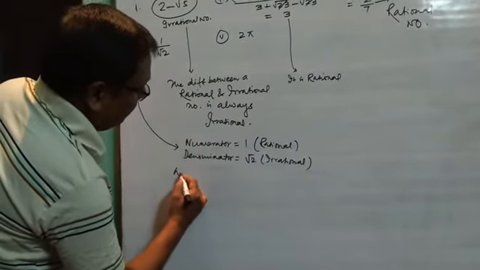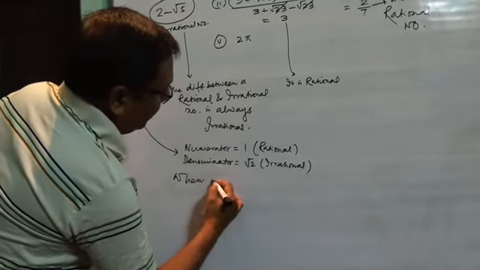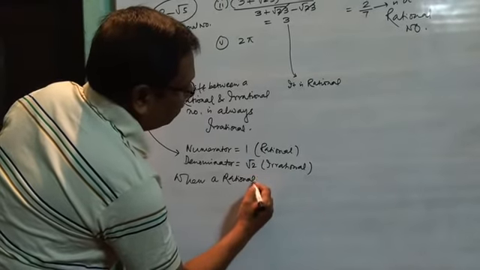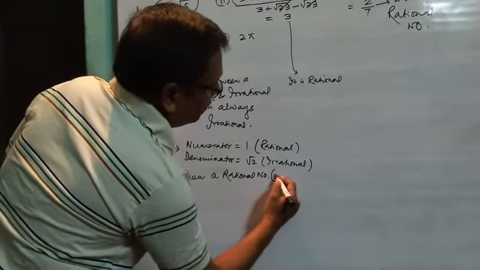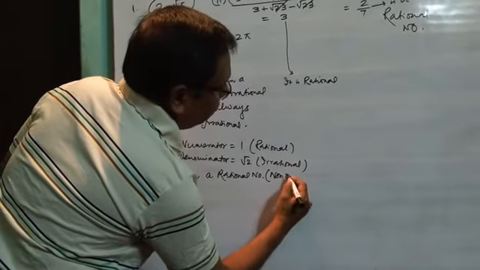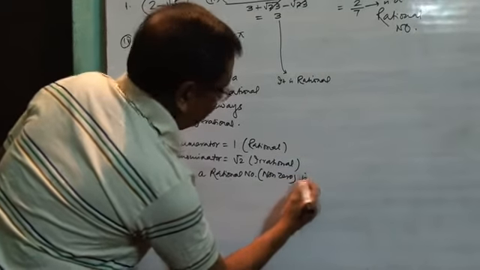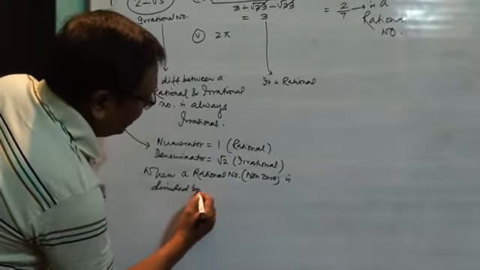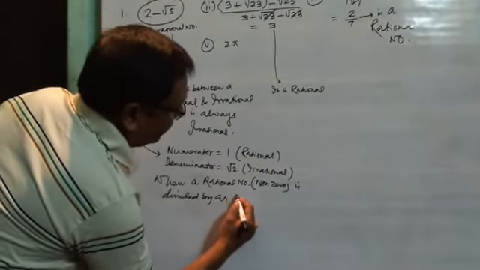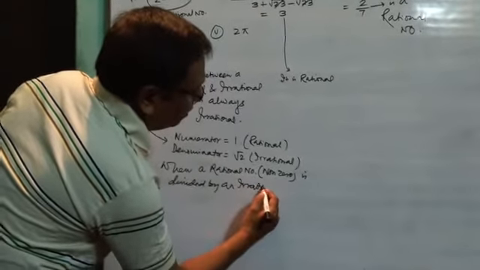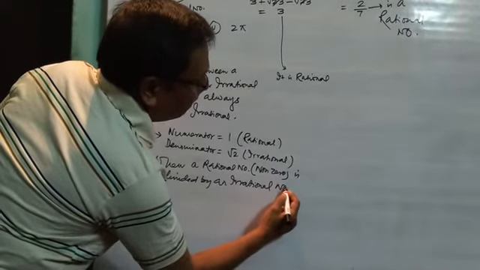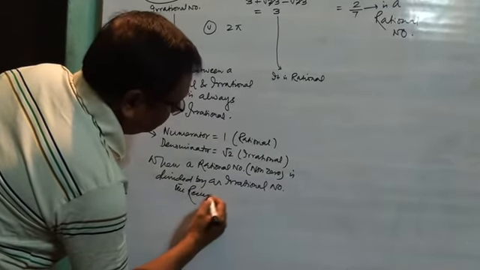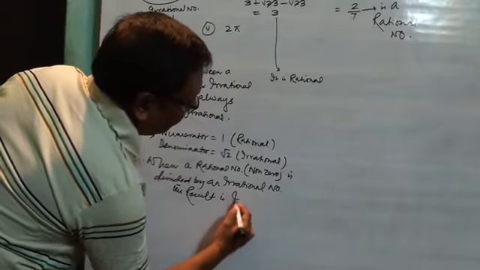So when a non-zero rational number is divided by an irrational number, the result is irrational.